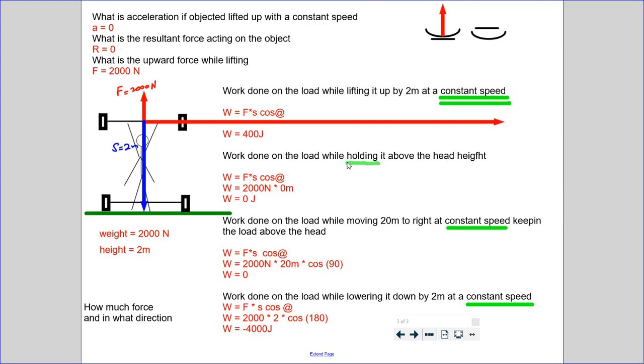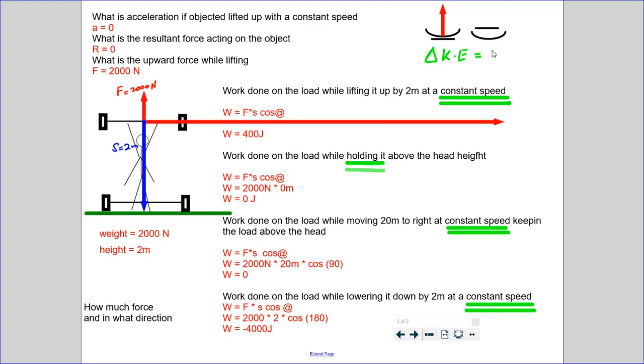I kept my speed constant, so I do not need to address any change in kinetic energy. So for all these statements, the change in kinetic energy is 0. Is that clear? For the whole statement, what I have discussed, the change in kinetic energy is 0. Is that okay?